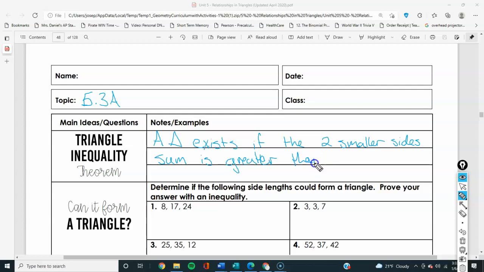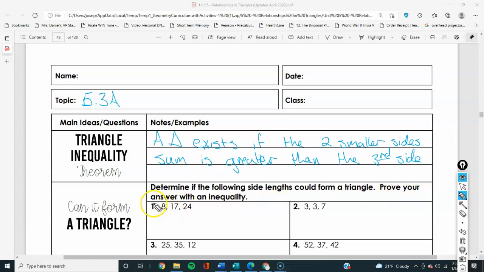Than, not then. So if I add up the two smaller sides of the triangle, it has to be greater than, bigger than the third side. All right?